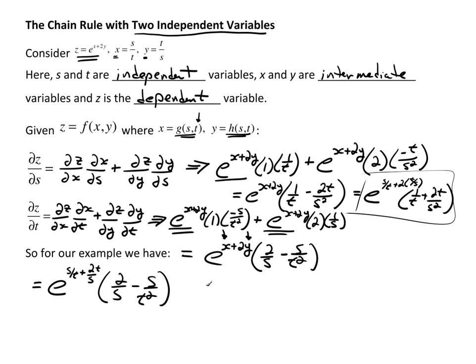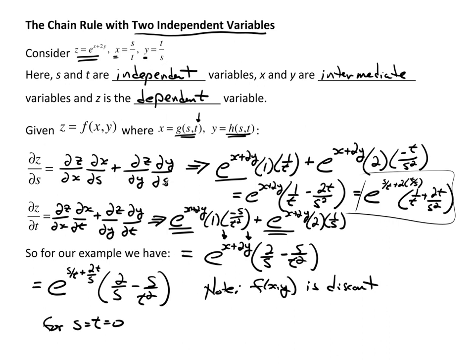Now notice here that f of x, y is actually discontinuous for s being equal to t being equal to 0. Because when t and s are both 0, I've got a 0 over 0 situation here.